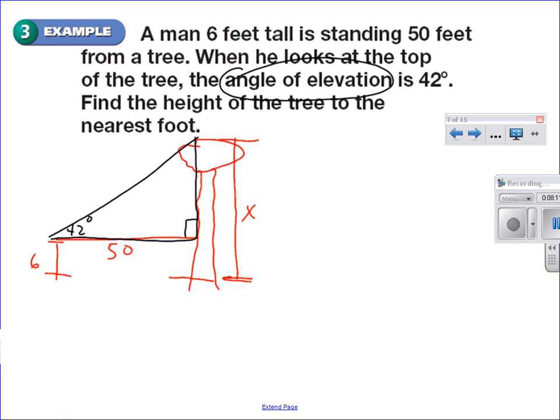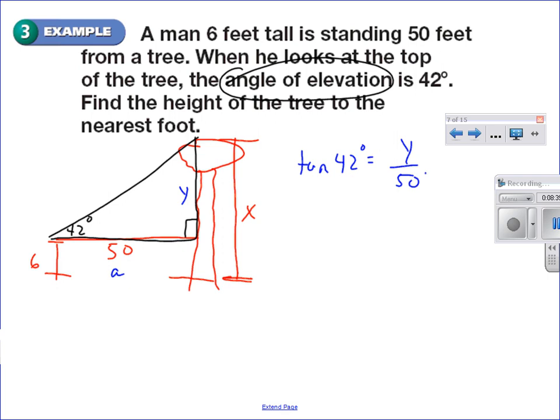So now for this black line here, let's call this y. We can find that using, well, let's see, what do we have? What do we want? We have the adjacent. We want the opposite. So I'm going to use tangent. The tangent of 42 degrees equals the opposite, which is y, unknown, over 50.